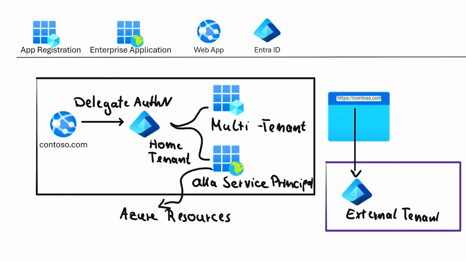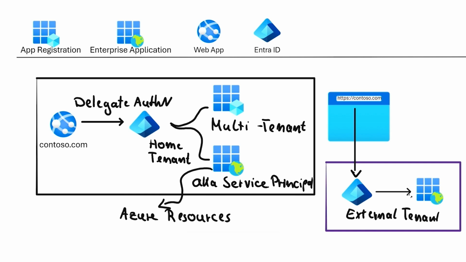And what happens when the first user logs in and uses that authentication piece, they get their own enterprise application created in their own external tenant. And only this, there's no application registration object, they will just get their own service principal.